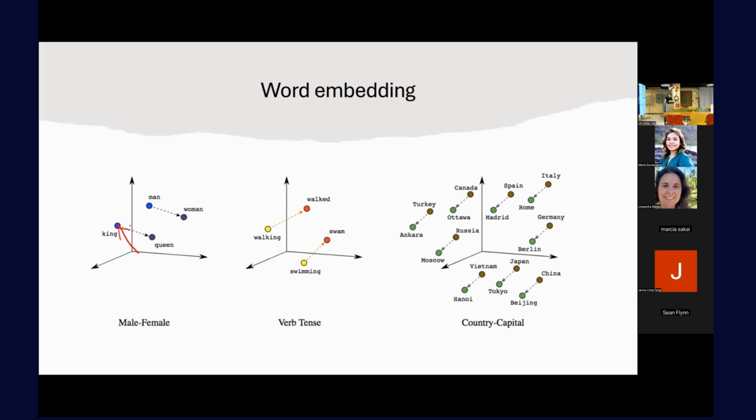We don't know how the computer does it, but once the computer comes up with this vector for king, that's what it means. The computer also comes up with the vector for queen based on how these words are used in documents. And you can come up with the vector for man and the vector for woman. What's so special about this? It's just a bunch of vectors for each word.